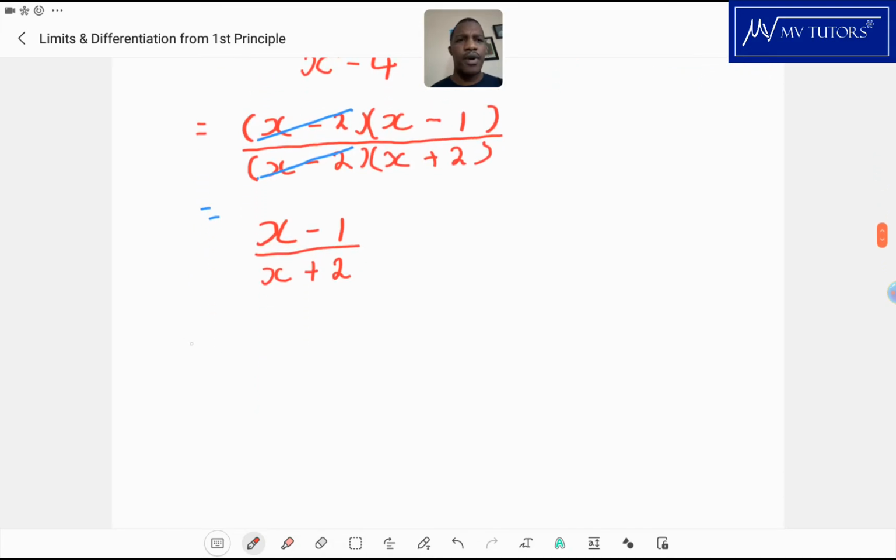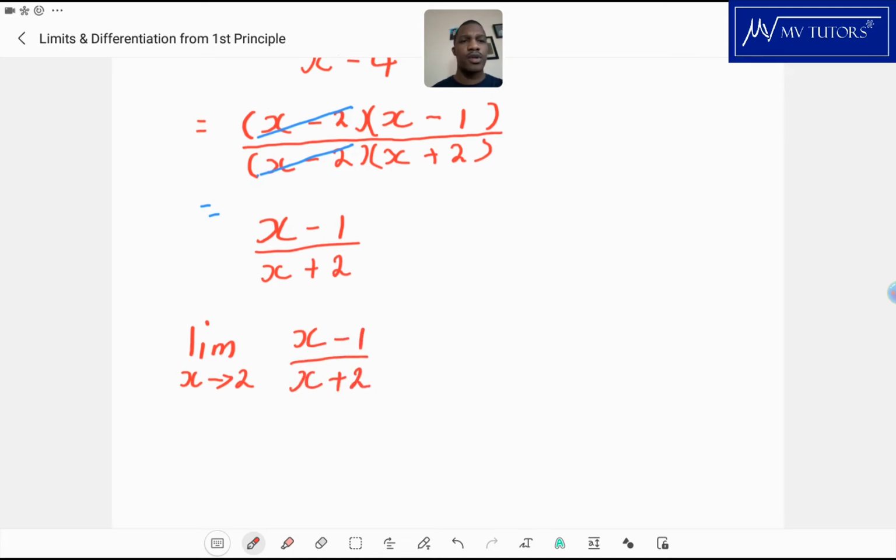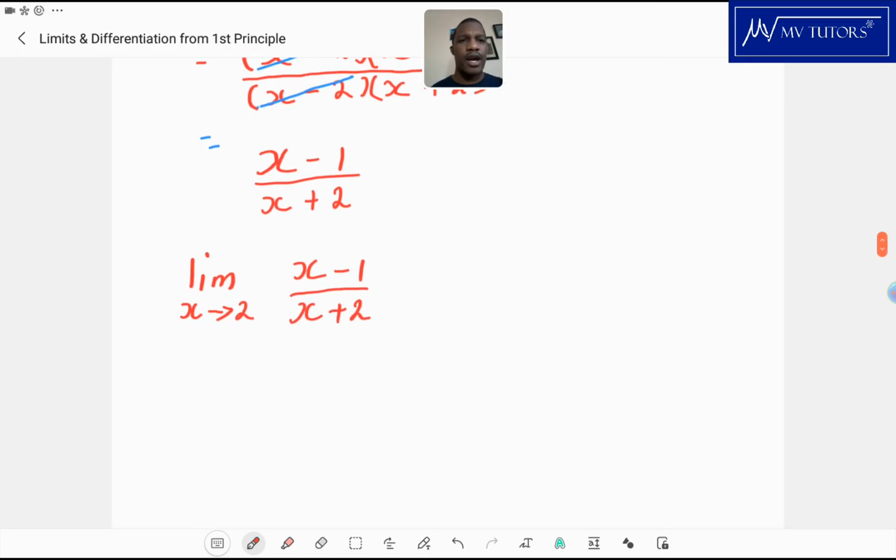So then we can get back to the limit and say limit as x tends to 2 of x minus 1 divided by x plus 2. Now we can substitute the 2. When you substitute the 2, you need to drop the limit sign.